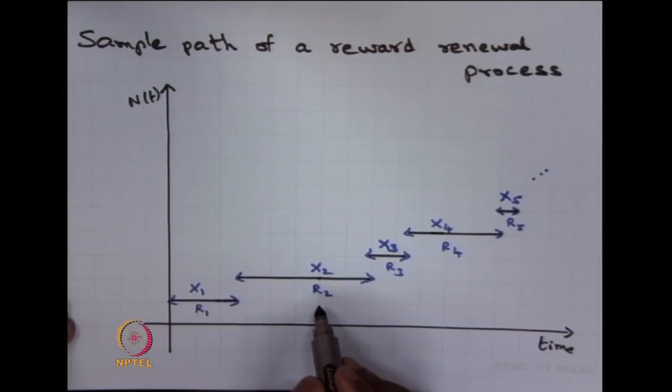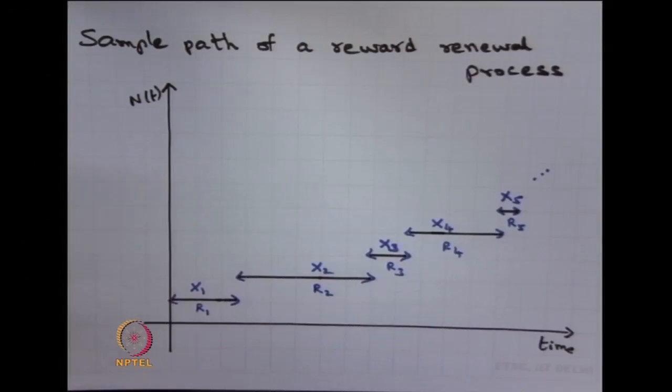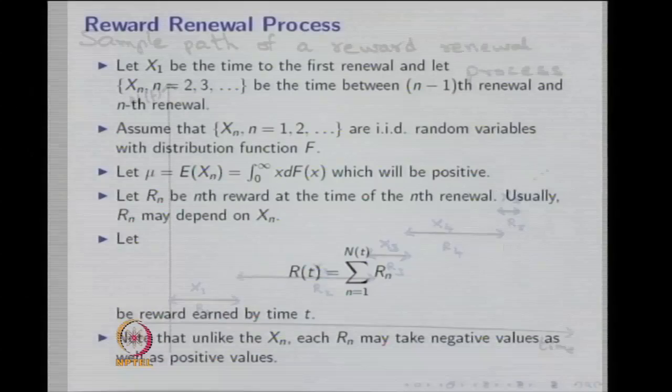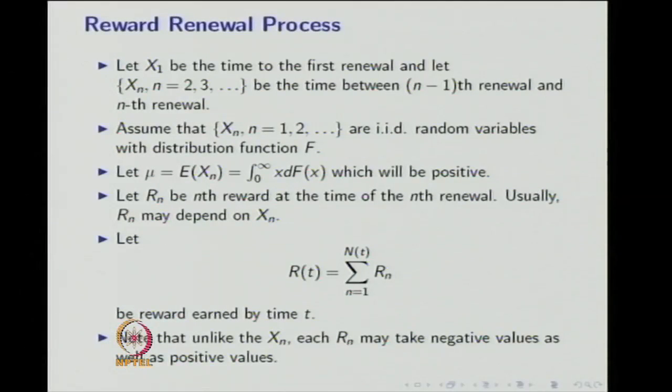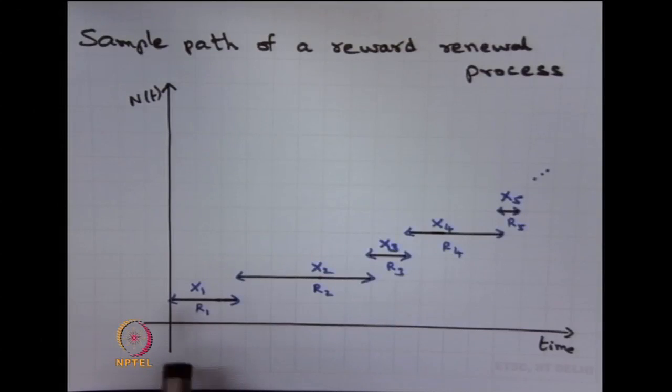These Ri's may be negative or positive, and the collection of R of t equal to the summation over n equal to 1 to N of t of Rn is the reward renewal process. It is very difficult to show the sample path of R of t, so here we show the sample path of the renewal process with the rewards attached to each renewal.